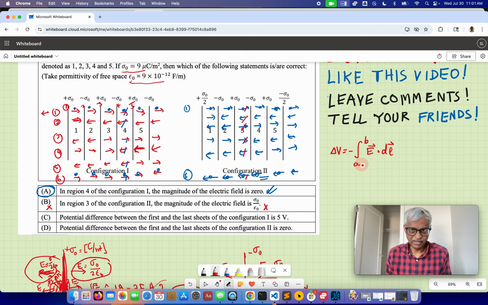So you take a path from A to B. I'm in configuration 1 and it says first and last sheet. So I start from a point here and go to a point here.